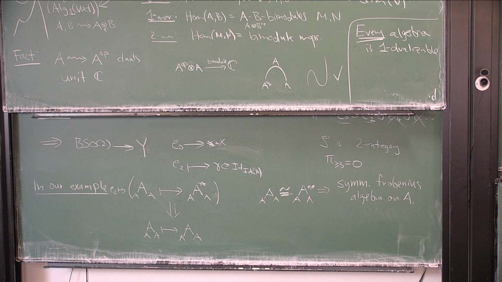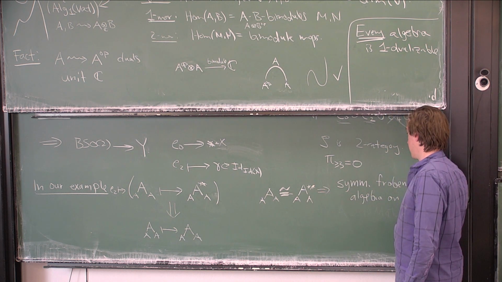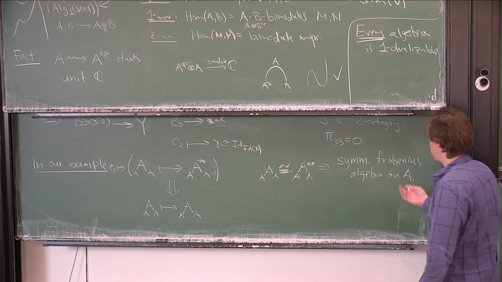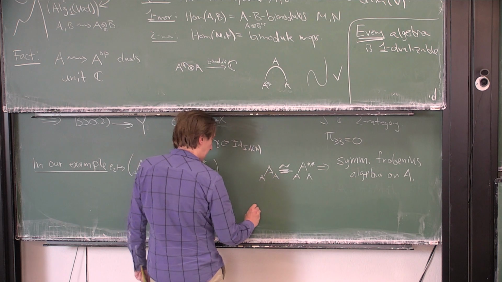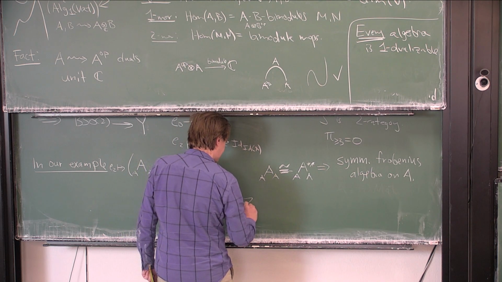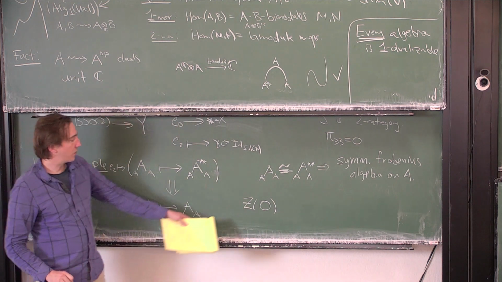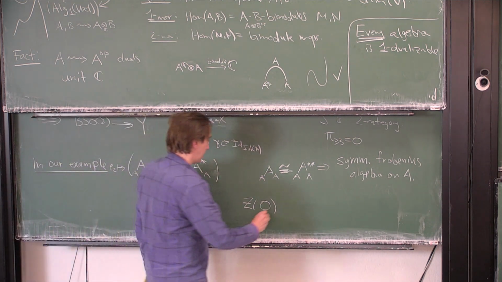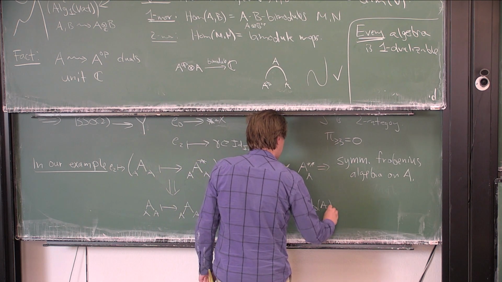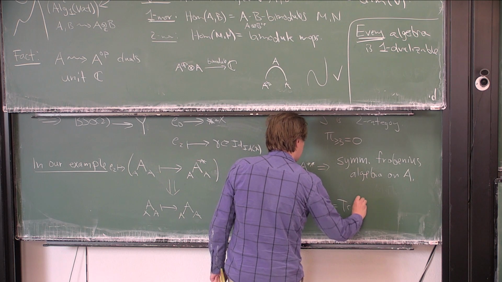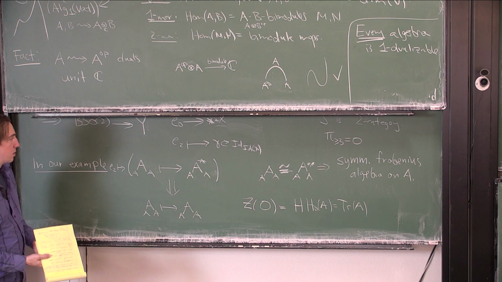Okay, and then a symmetric Frobenius algebra structure itself has a nice interpretation in terms of these pictures. So if we have this TFT attached to A, then what we attach to the circle is what's called the zeroth Hochschild homology of A, or the trace of A. Shouldn't there be a single dual on the A if I want this to be true?